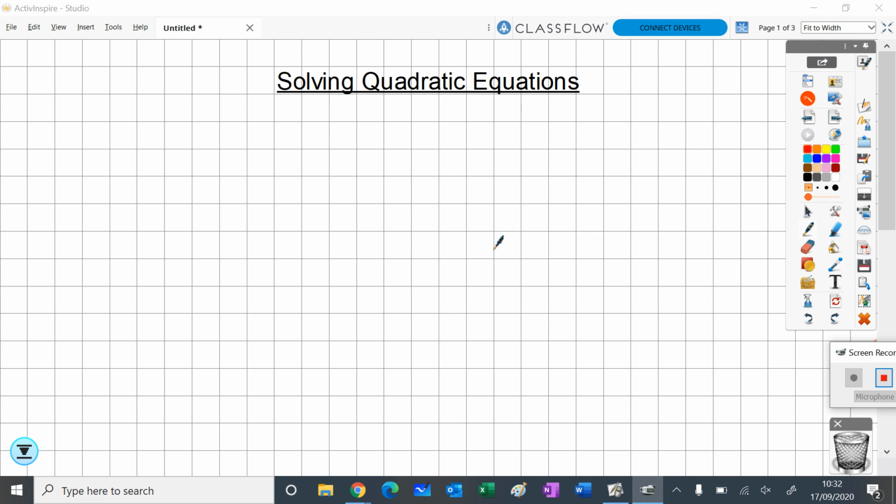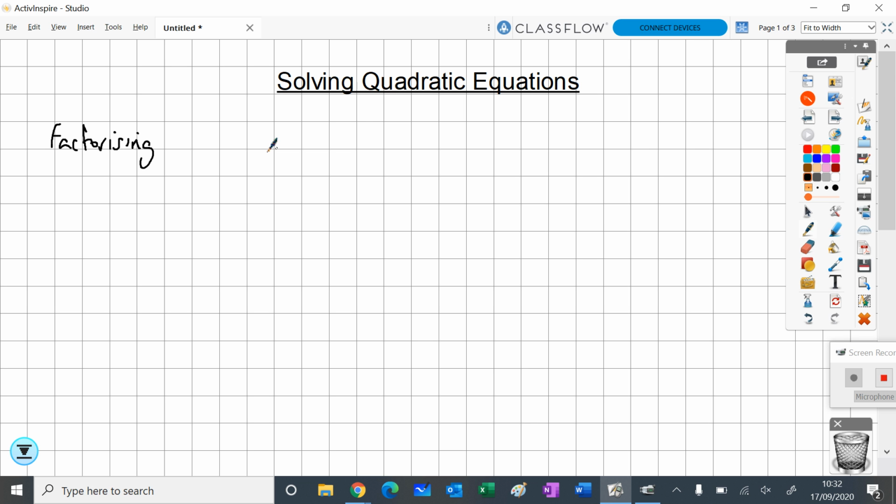Equations is a phenomenally important topic towards the end of GCSE maths and all the way through A-level maths. And there are three basic methods. You can solve a quadratic equation sometimes by factorising, solve it by formula, or do it by completing the square.